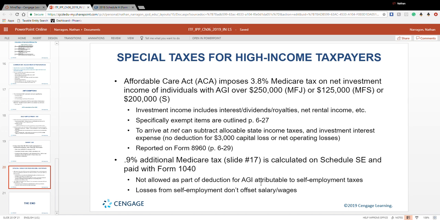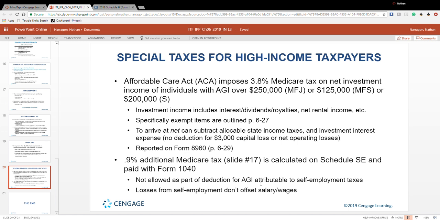Again, AGIs with those thresholds of 250 for married filing jointly, 125 for separate, and 200,000 for single. Well, this again includes interest, dividends, royalties, rent income. To arrive at net, you can subtract allocated sales tax also.